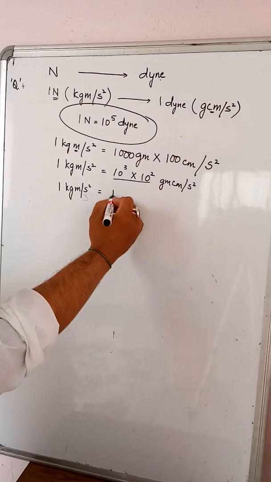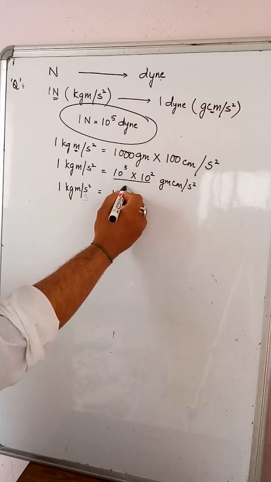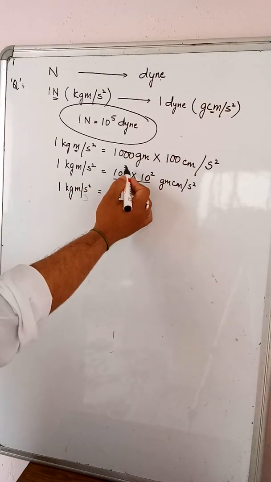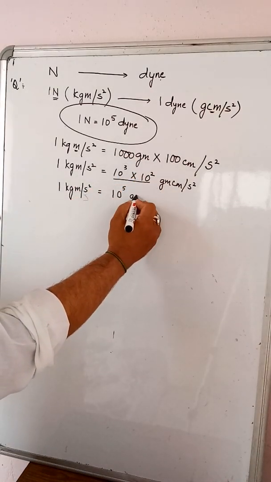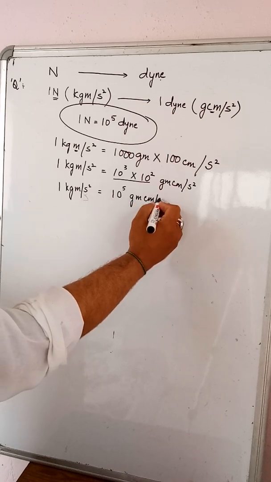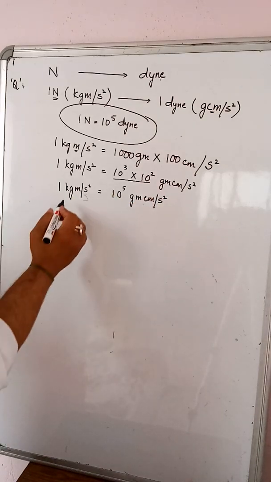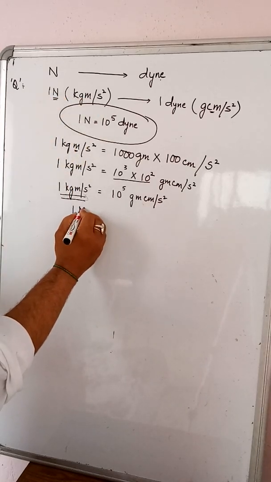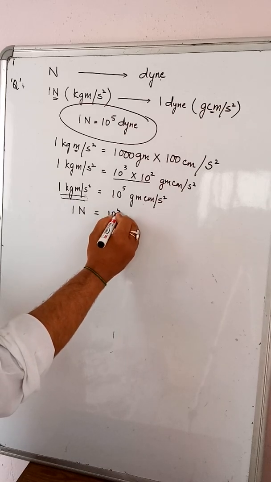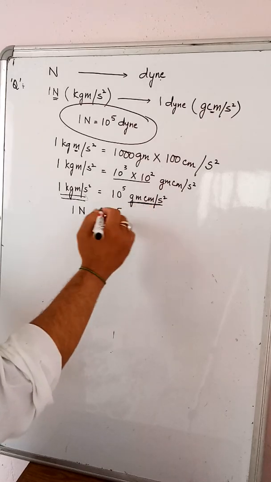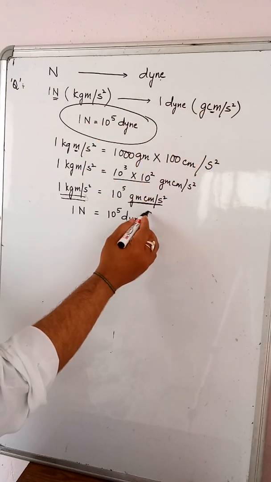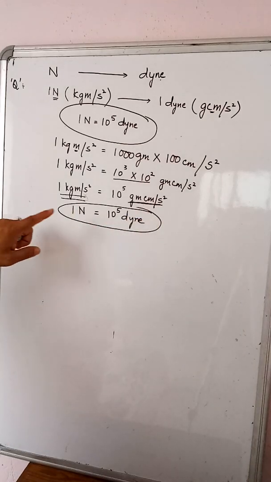By the indices rule, this will become 10 to the power 5. As you know in indices, if the bases are same, the powers will be added up. So 3 plus 2 becomes 5. And obviously here we have gram centimeter per second square. Now what was this? This was nothing but 1 Newton is equal to 10 to the power 5, and this was dyne. So this is how we have got this relationship: 1 Newton is equal to 10 to the power 5 dyne.